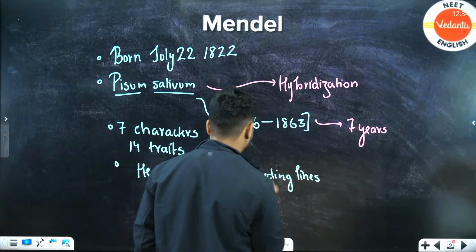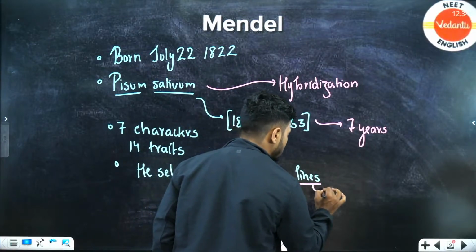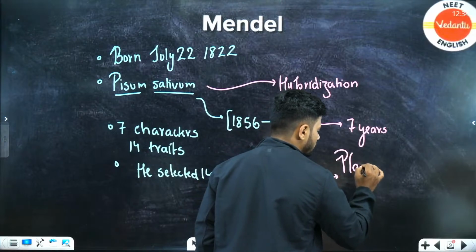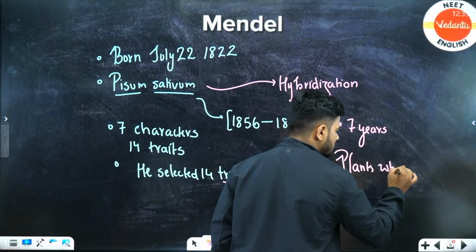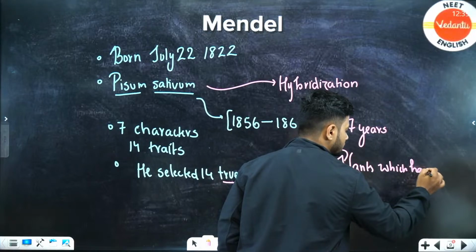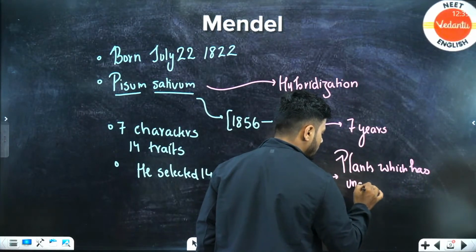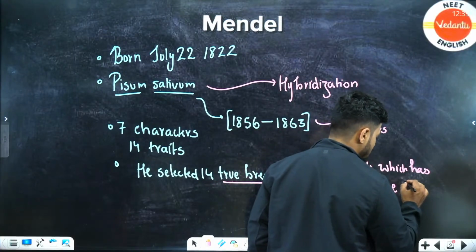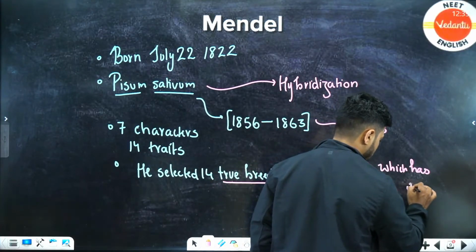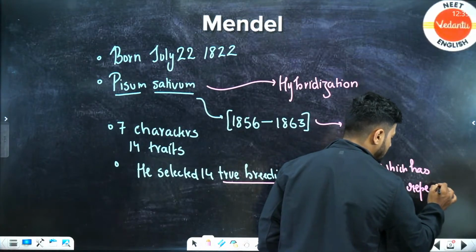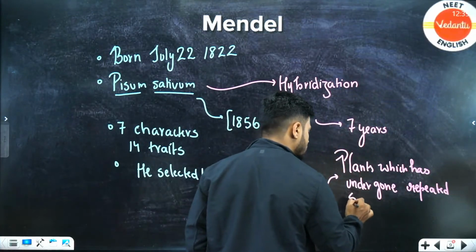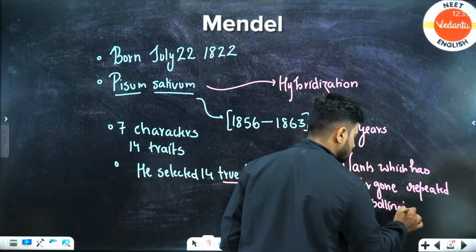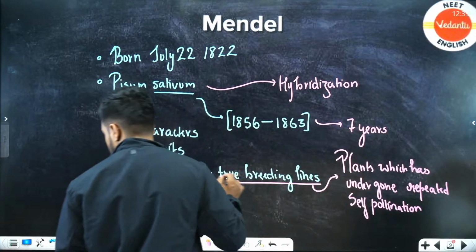True breeding lines are plants which have undergone repeated self-pollination.